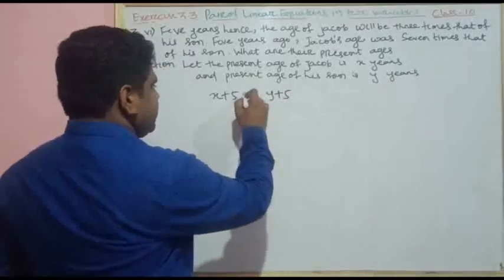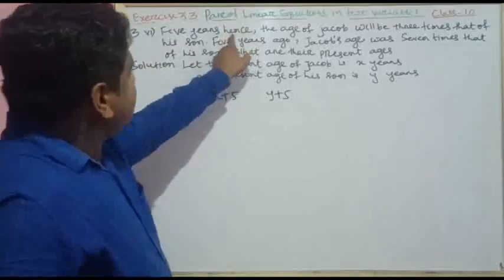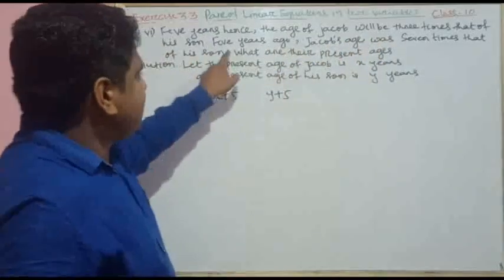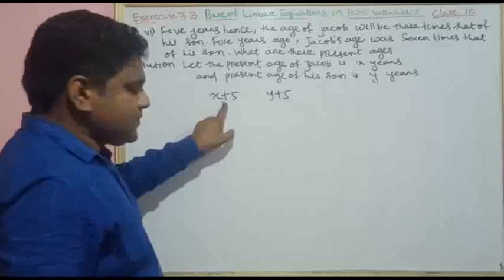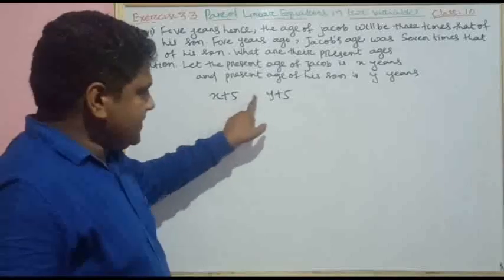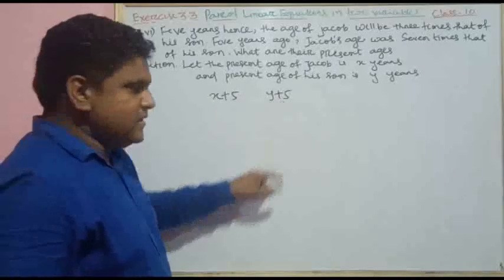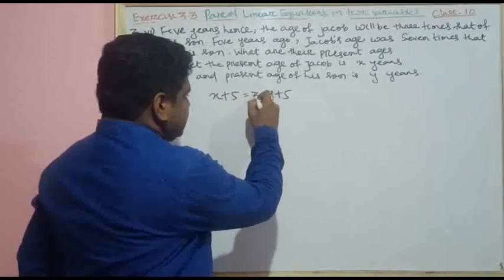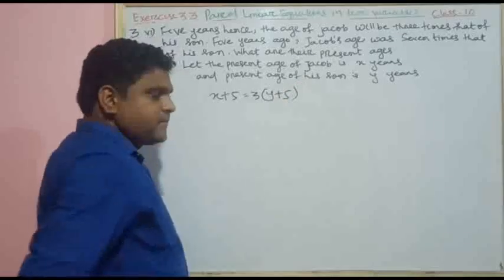See this question, that 5 years hence the age of Jacob will be 3 times that of his son. It means after 5 years he will become x plus 5 and his son will become y plus 5. So after 5 years Jacob's age will be 3 times that of his son.